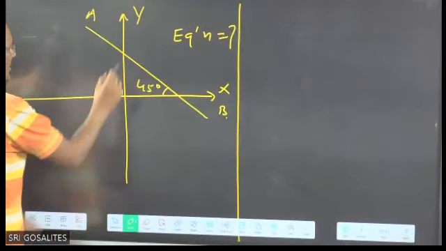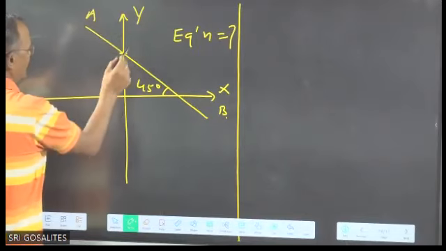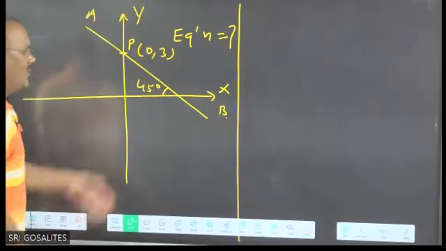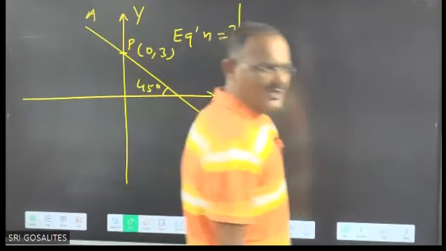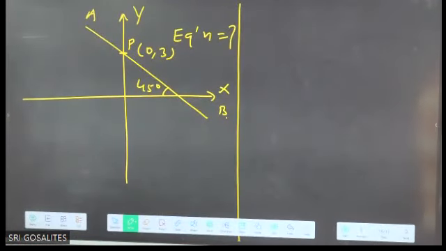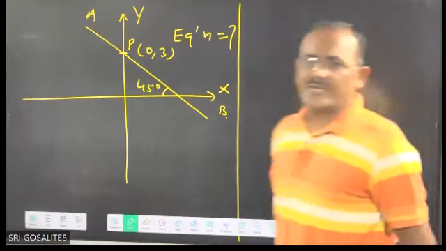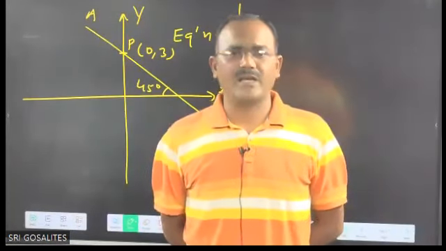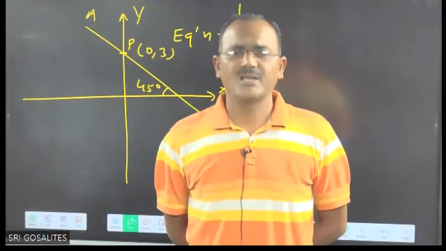If the coordinates of point P are (0, 3), how to solve it? Simple, logical. See the angle with the plus x-axis, and intercept is positive because it's cutting on the y-axis. So intercept is positive and slope is negative because the angle made with the x-axis is an obtuse angle.